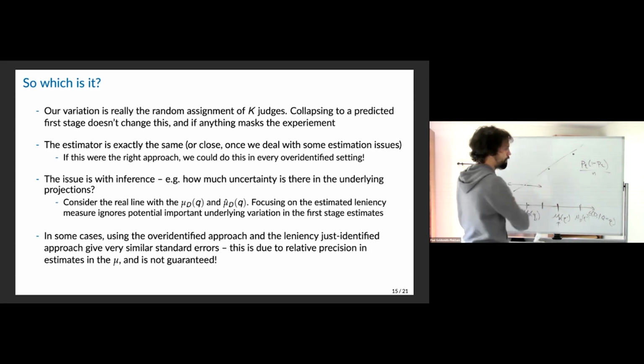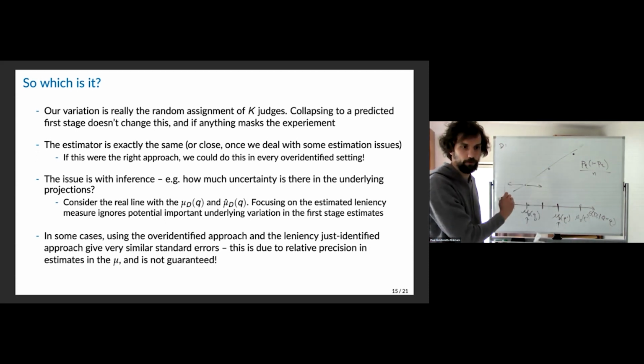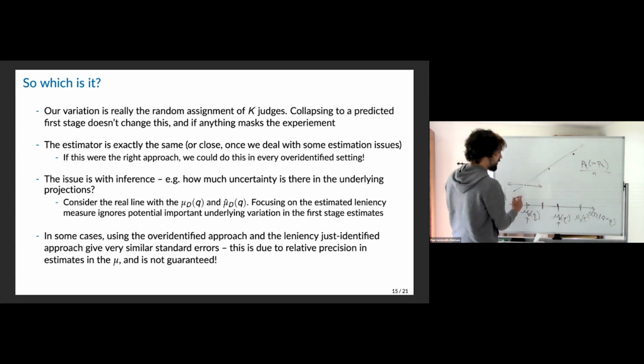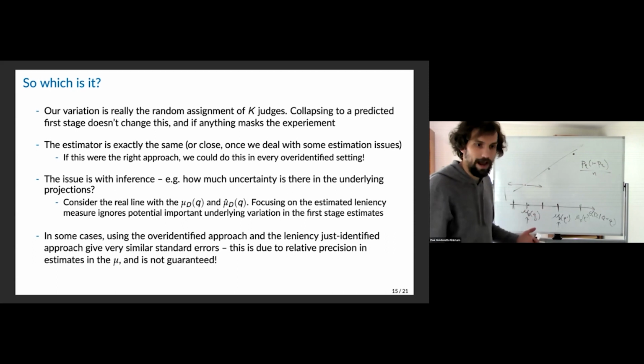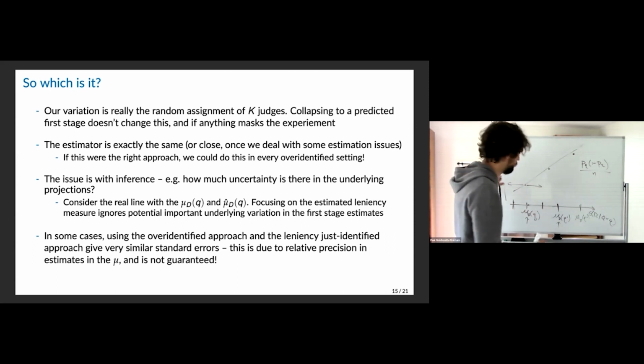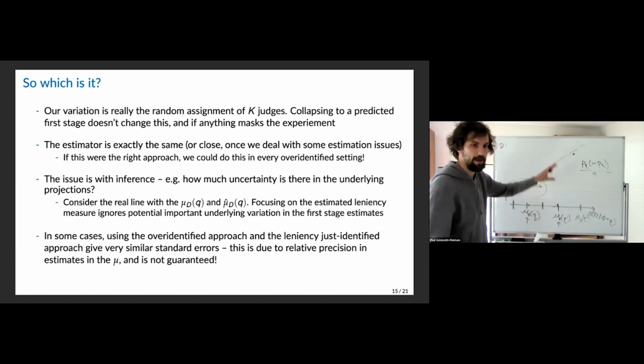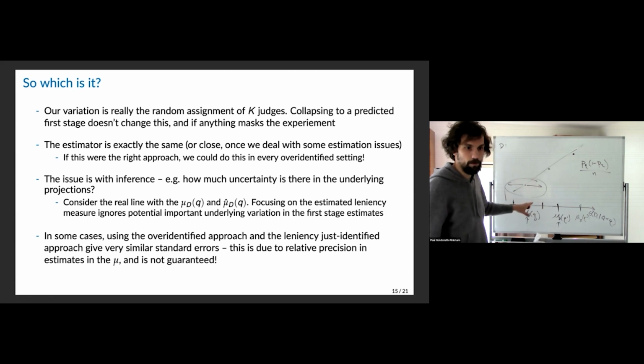And as you try to fit a fitted line through this in your first stage, it's going to really change the implications for your subsequent IV estimate, because you'll have more uncertainty in this estimate. This part of the space will be more noisily estimated. And so as a consequence, you'll have maybe larger or smaller standard errors in certain parts of the space.